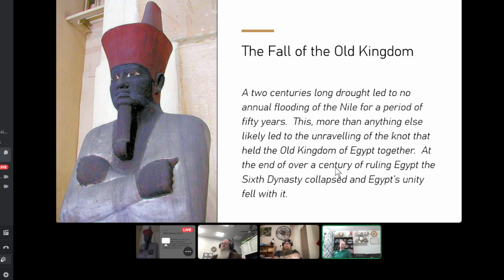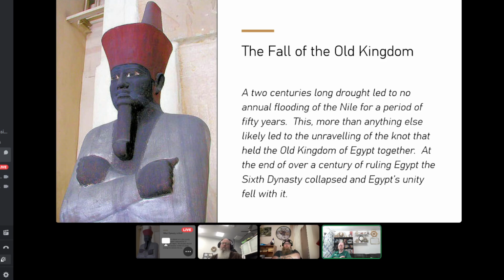This is why Egypt is where Egypt is, because of the Nile. But in Africa, there was a 200-year drought around this time, not enough water. And something actually happened that the Egyptians could not recall happening before. For not 1 year, 2 years, 3 years, 4 years, but for 50 years, the Nile was not overflowing its banks.